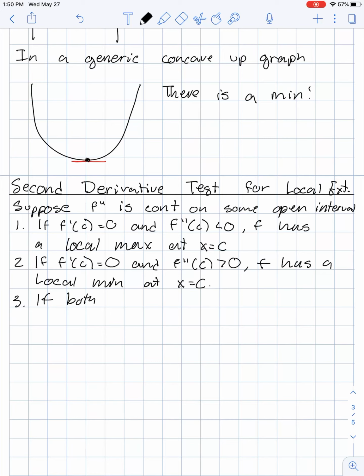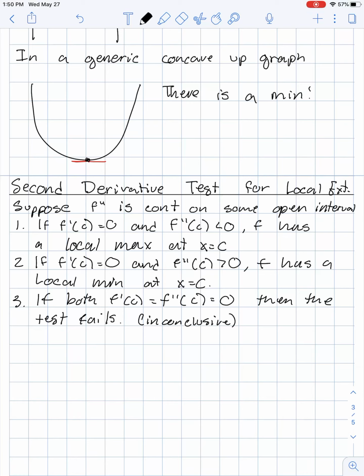Well, what if the second derivative equals 0? If both f prime of c and f double prime of c equal 0, then the test fails. So I don't know. It could be a max, it could be a min, or it could be neither.